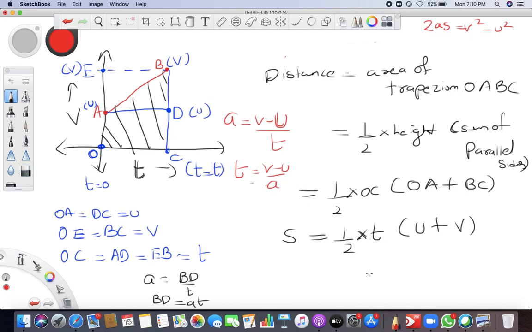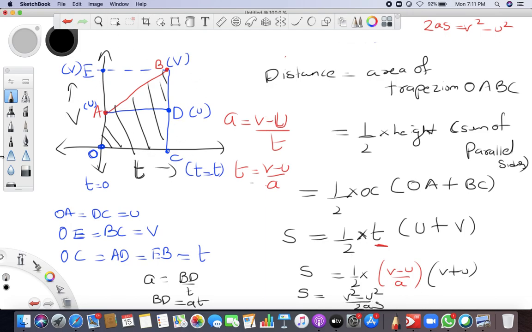T is equal to V minus U upon A, correct? We will use this here. So what do you get? 1/2. Instead of T, what are you going to write? V minus U upon A. And what is our original? V plus U. Now this is S. So the denominator is, this is V square minus U square upon 2A.